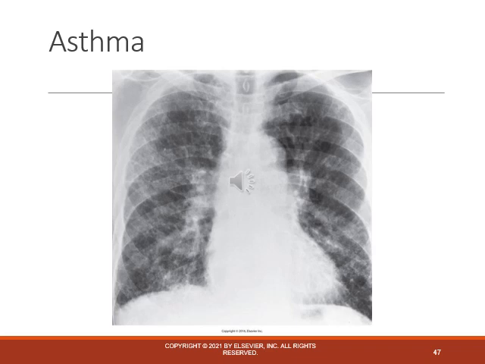Now, on the radiograph of an asthma patient, if they're in between acute asthma attacks, you may not notice any differences. If they're in the midst of an asthma attack, you might see the dome flattening of the diaphragms. And if they've had long-term asthma, you can start to pick up some scar tissue throughout the lungs.